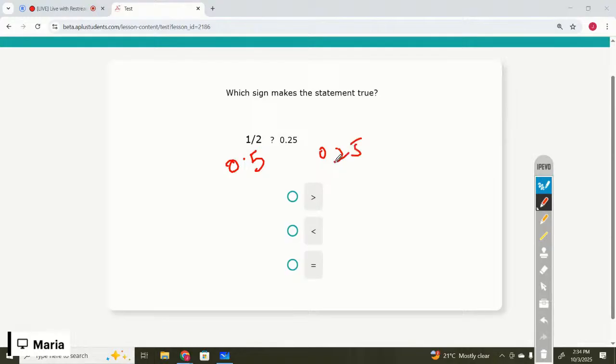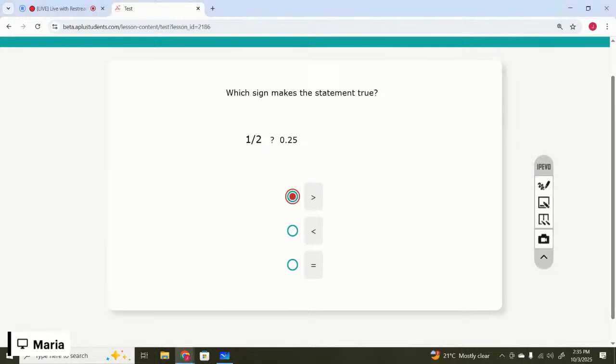So 0.5 is greater than 0.25. Option number 1 is the correct option.